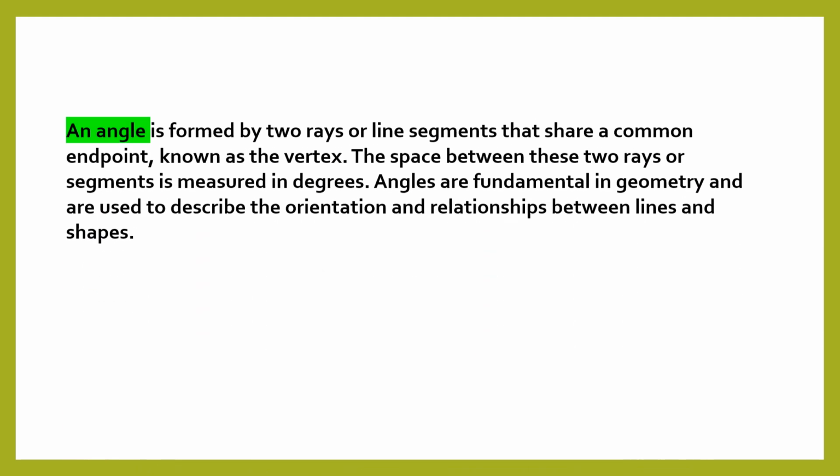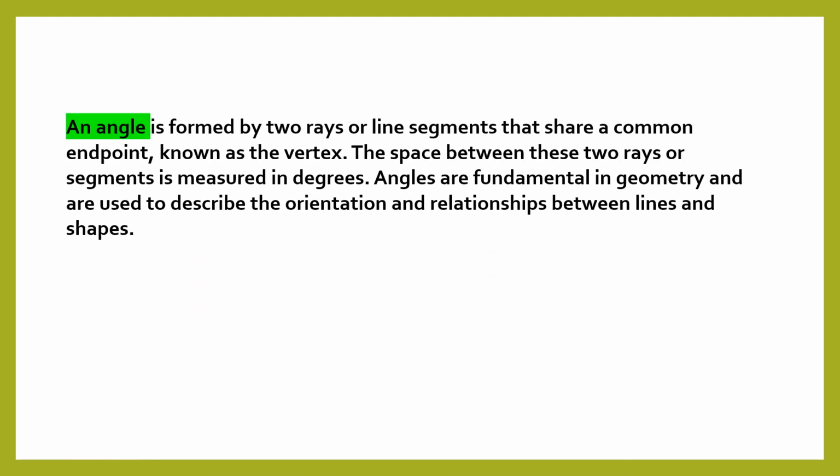So first and foremost, let's understand what is an angle. An angle is formed by two rays or line segments that share a common endpoint known as the vertex. The space between these two rays or line segments is measured in degrees.